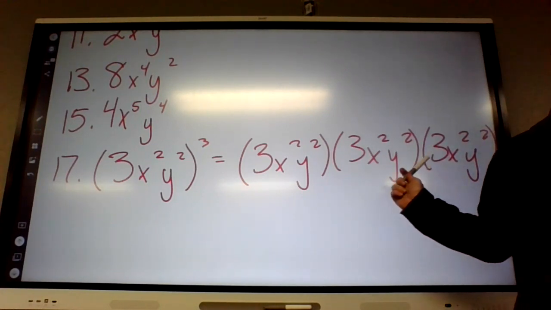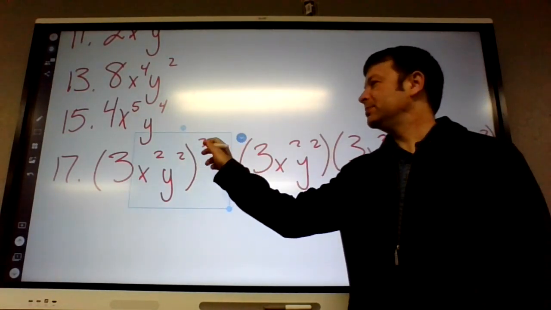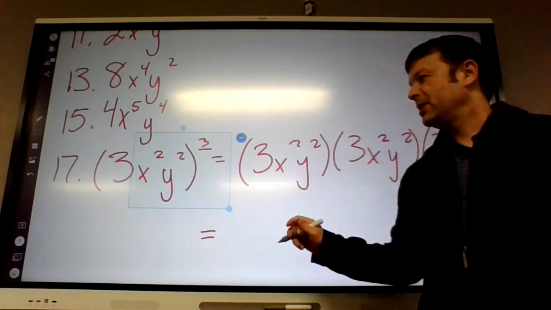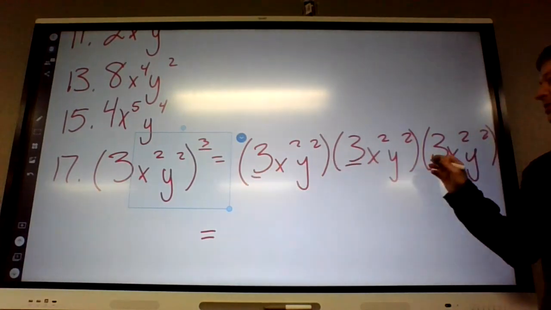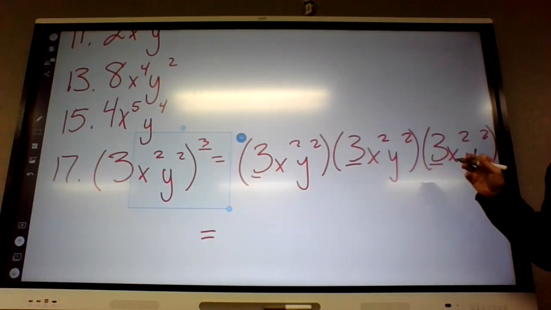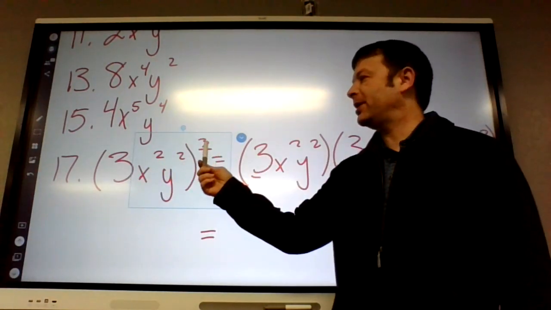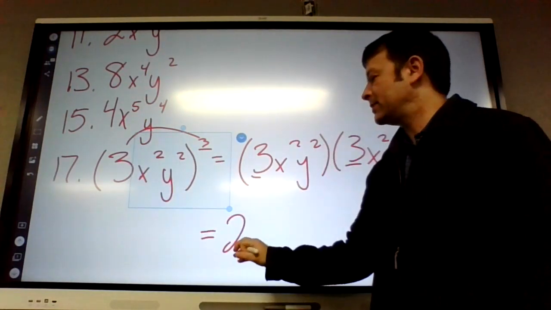Okay, why did I write that? Because it's the third power. Okay, what's going to happen with this 3? 9. No. 27. It's 3 times 3 times 3. It's 3 cubed, basically, so you just cube the 3 like normal, so it is 27.